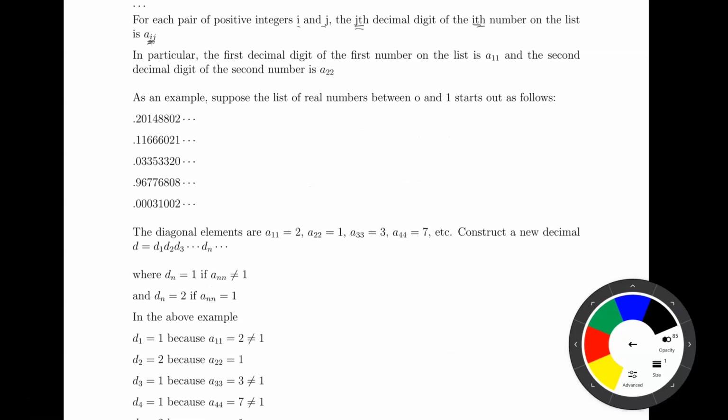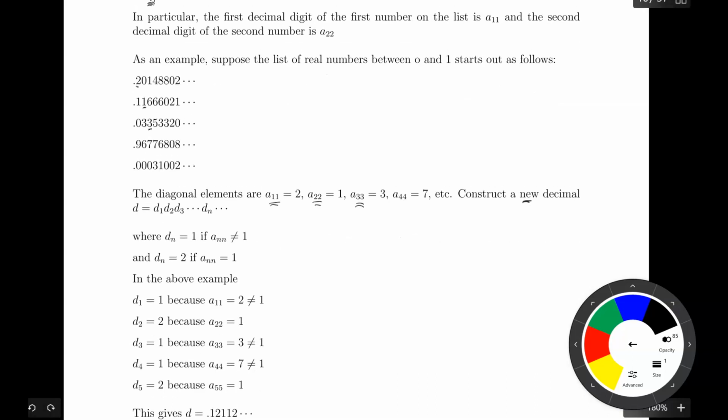So the diagonal elements would be a11, a22, a33, right? So a11 is 2 here. a22 is 1 here. a33 would be 3 here. So what we're going to do is make a new decimal. We're going to make a new number. So this is what Cantor said.